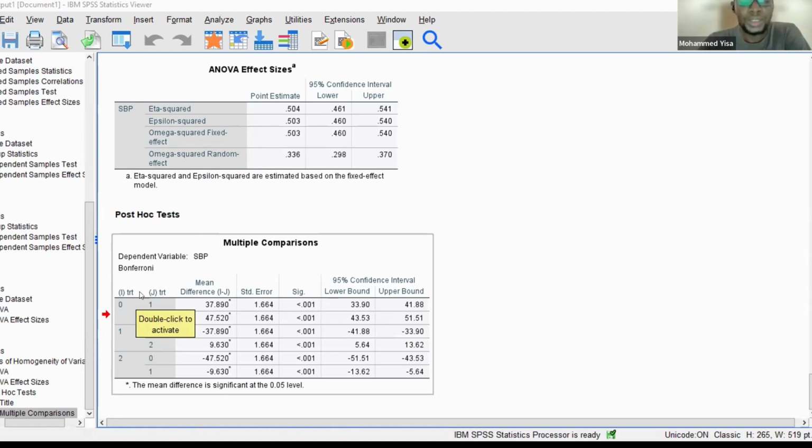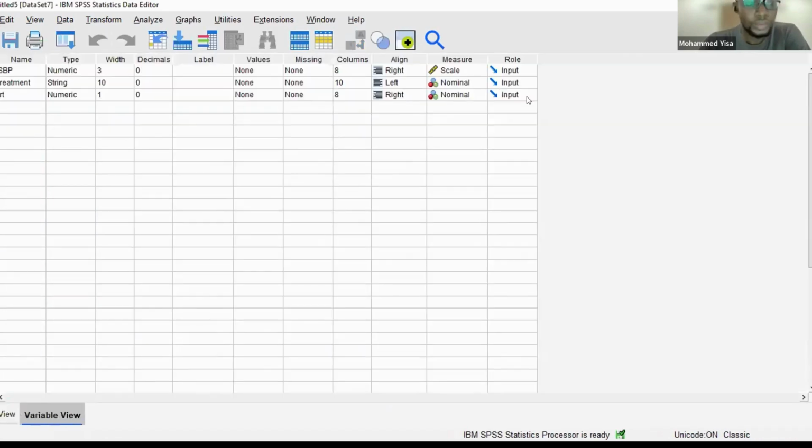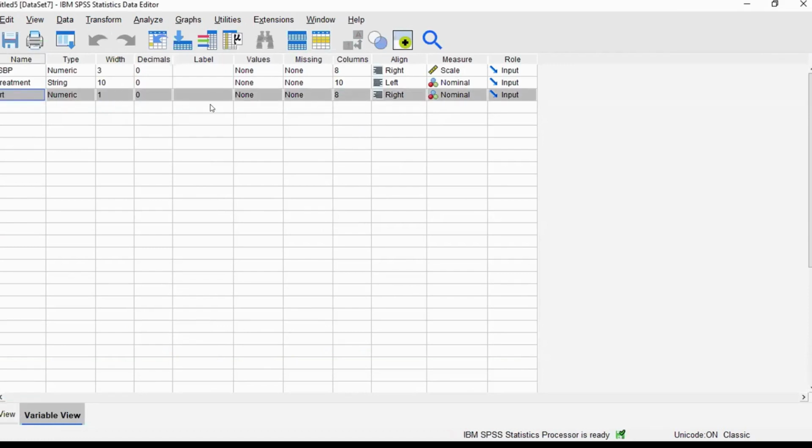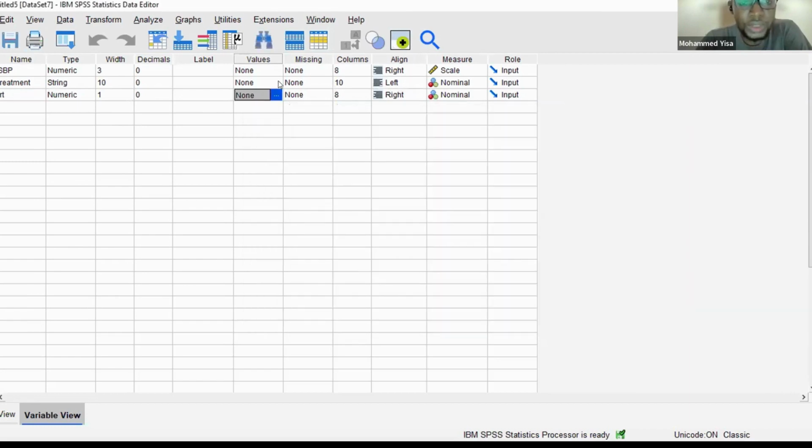This treatment, this TRT, is a variable. I think you will understand it better when I go back to the data set. So in the data set, if you look at the variable view, you have a variable called treatment, okay? And this treatment variable is a categorical variable, nominal. It seems the value labels were not defined.